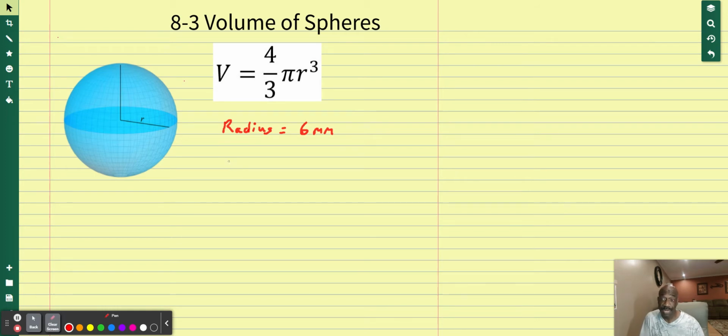That's what makes it very easy to do, because regardless which way you go, whether you start from the top and come down or go that way, the radius is going to be the same. So let's plug the numbers in. We have 4/3 pi times the radius, 6, to the third power.